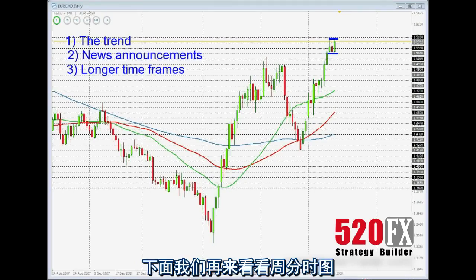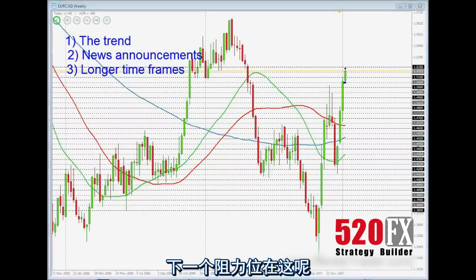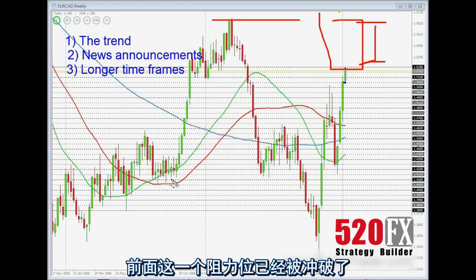Let's now have a look at the weekly chart. Pretty much the same. The next resistance level is right there, but it's way too far above, like 500 pips above. There's plenty of space to squeeze some profits here. The previous level of resistance was broken already.